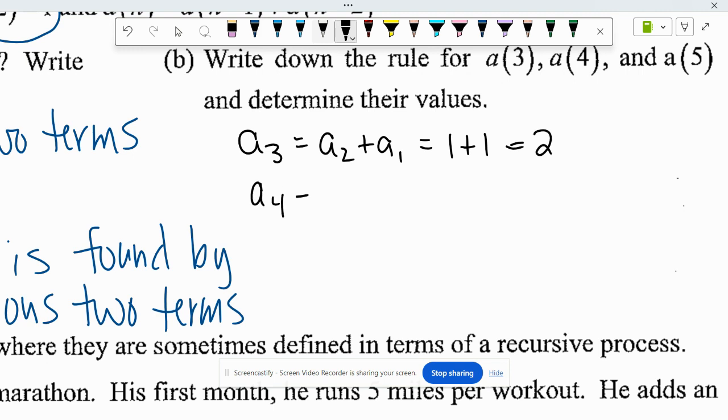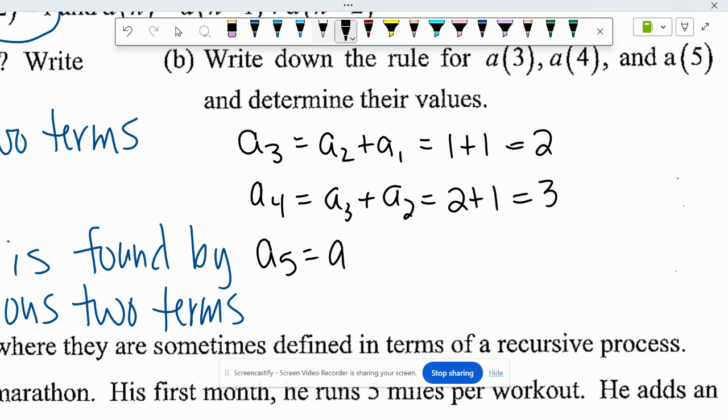A sub 4 equals a sub 3 plus a sub 2, which equals 2 plus 1, which is 3. The fifth term equals the fourth term plus the third term, which equals 3 plus 2, which is 5.